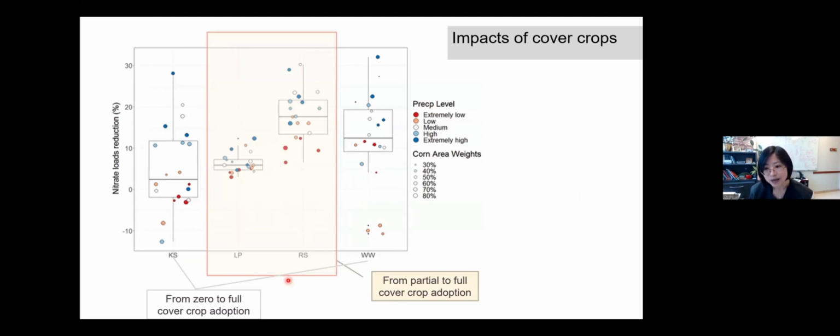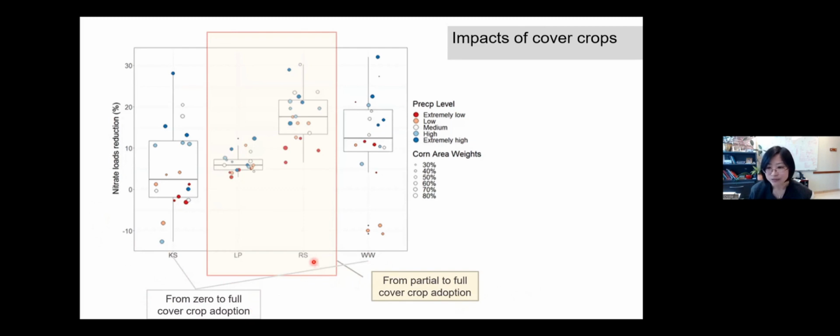The middle 2 bars are the 2 catchments that have a partial cover crop adoption historically, so the result we get here only reflects the impacts of cover crop adoption from partial to full. For the other 2 catchments, the result represents the nitrate reduction potential from cover crop due to 0 to full adoption.